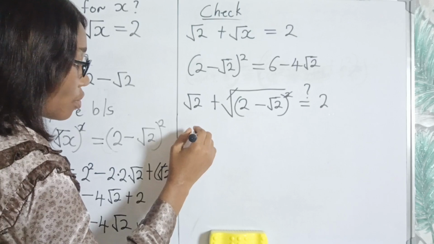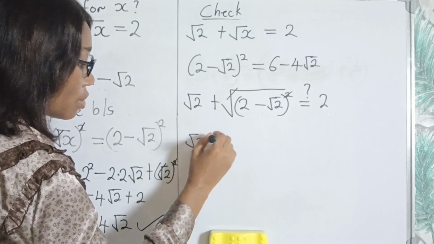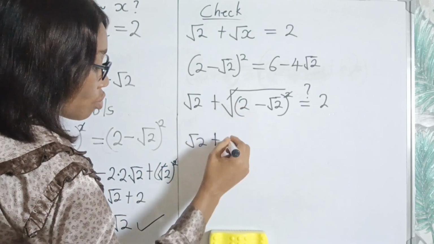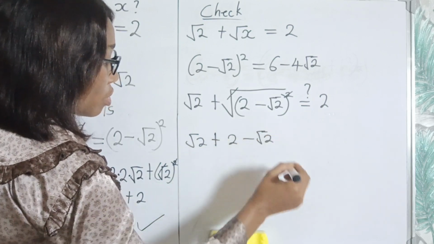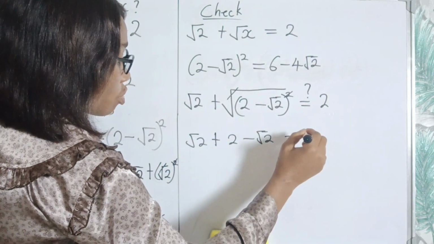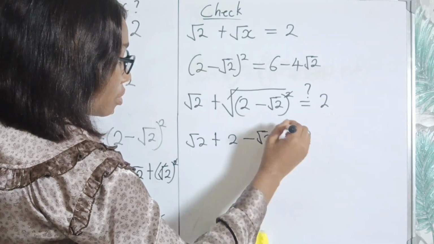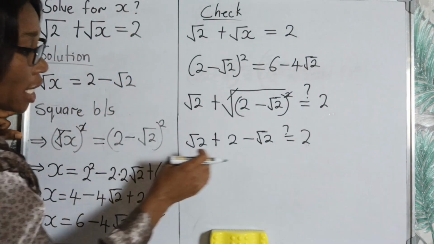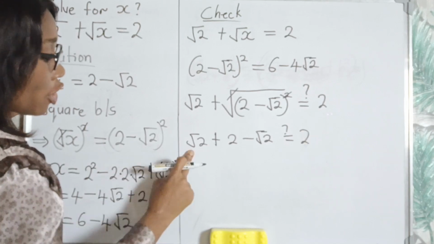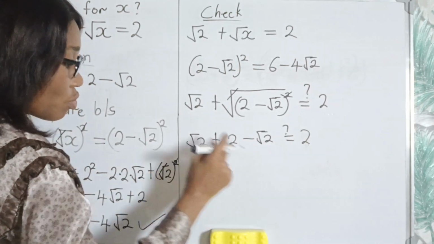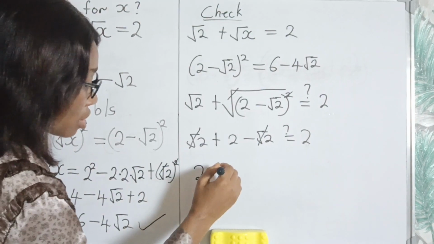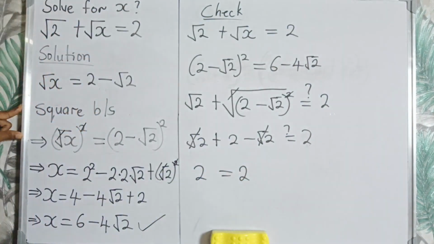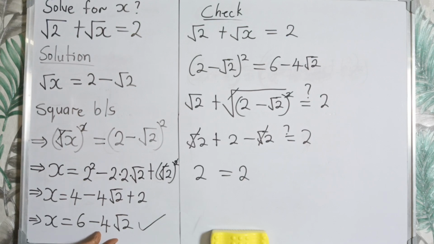So we have root 2 plus 2 minus root 2. Is this equal to 2? Looking at this equation, this is plus root 2, this is minus root 2. So this takes care of this. And we are left with 2 is equal to 2. So our answer for this equation is valid.